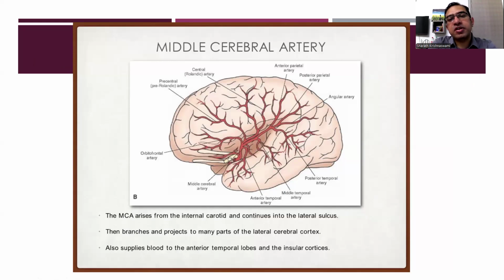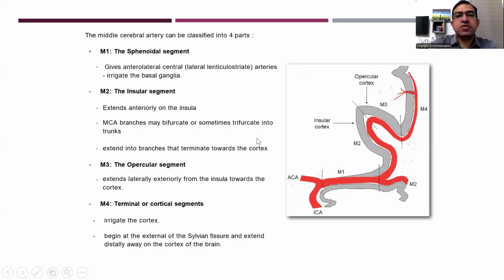If you look at the distribution of the branches of the middle cerebral artery, the middle cerebral artery is divided into 4 segments. That is the sphenoidal segment, the insular segment, the opercular segment, and the terminal or cortical segment. The sphenoidal segment, known as M1, shows the flow of blood towards the probe, whereas the insular segment is away from the probe, and the opercular cortical segment is again towards the probe.